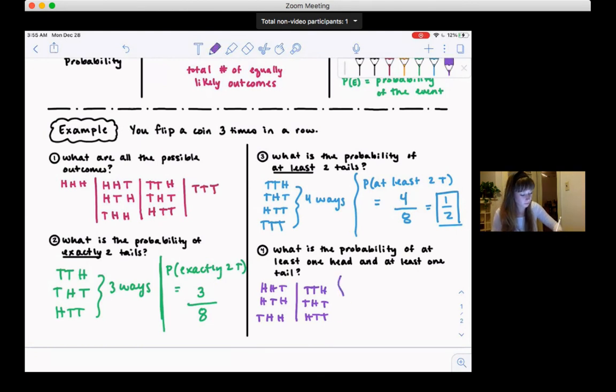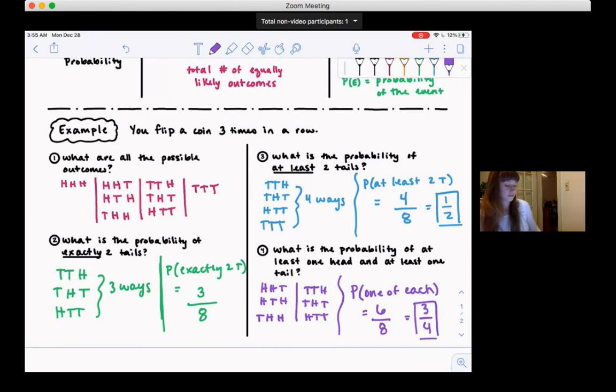So we have 6 ways this could happen. So our probability, 1 of each, is going to be 6 ways out of 8 total. So 6 out of 8, or you can simplify that. They both divide by 2, so you get 3 out of 4. This is saying 3 out of 4 times, or 75% of the time, you're going to get at least 1 of each.